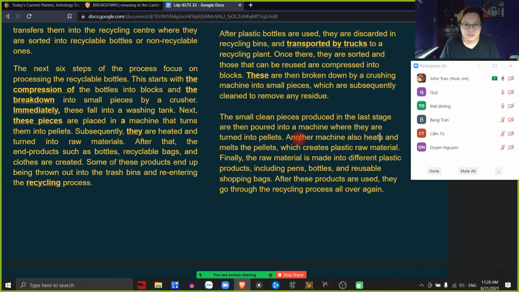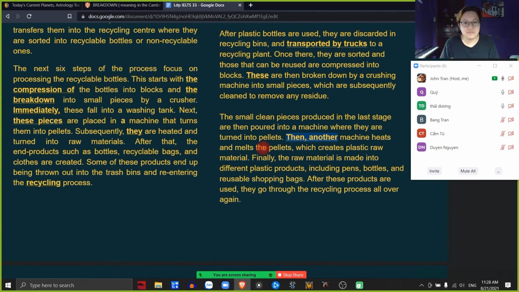Another machine also heats and... sau đó một cái cỗ máy khác nó làm nóng. Then another machine heats and melts the pellets. Và sau đó một cỗ máy khác nó làm nóng và nó làm chảy ra mấy cái pellets, phẩy, mà tạo thành plastic raw material, mà điều này tạo thành.